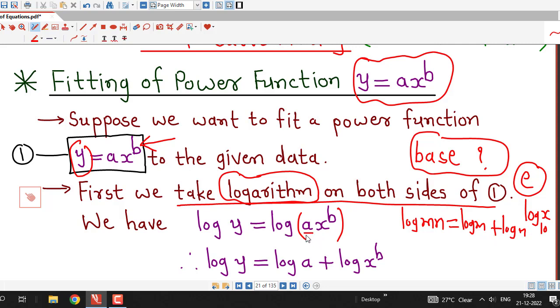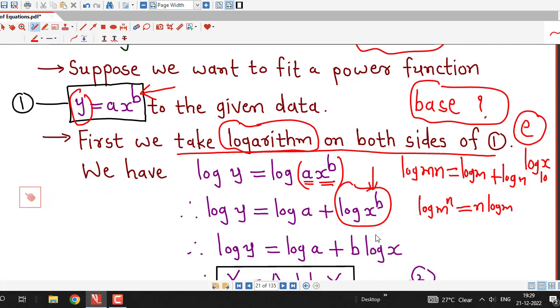So here I consider m equal to a, n equal to x raised to b, and I rewrite this as log of a plus log of x raised to b, and this again we can write using another property of logarithm. We know that log m to the power n is n times log m. So this I can rewrite as b times log x. So I obtain log y equal to log a plus b log x.